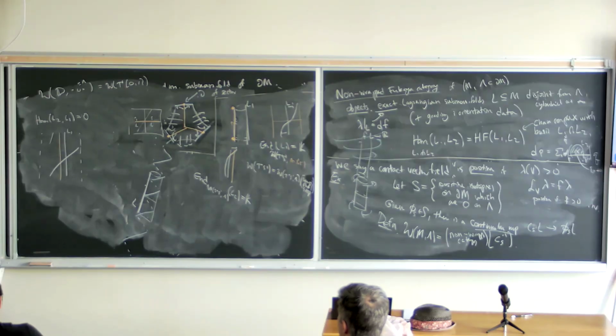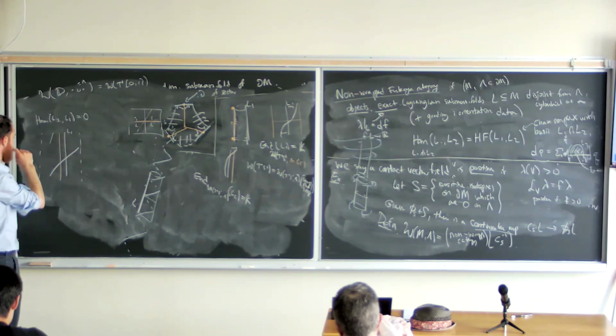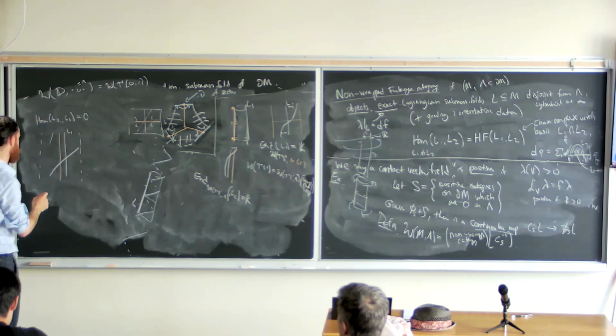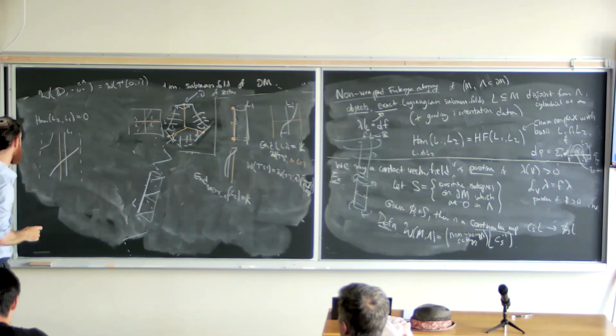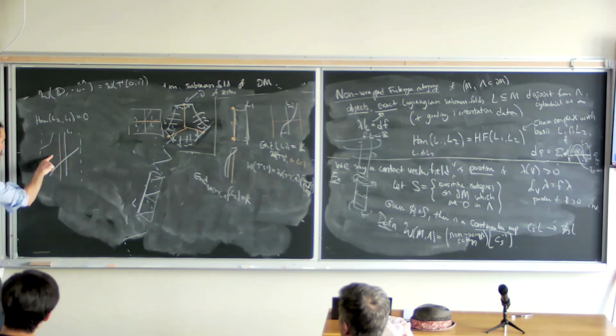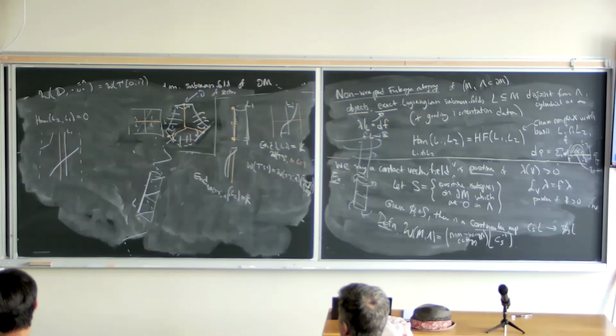But the reason for this Hom being 0 is roughly speaking that I can wrap L1, and when I wrap L1, I can wrap him around so that he becomes disjoint from L2. I can wrap L1 to like this thing here, so he becomes disjoint from L2.